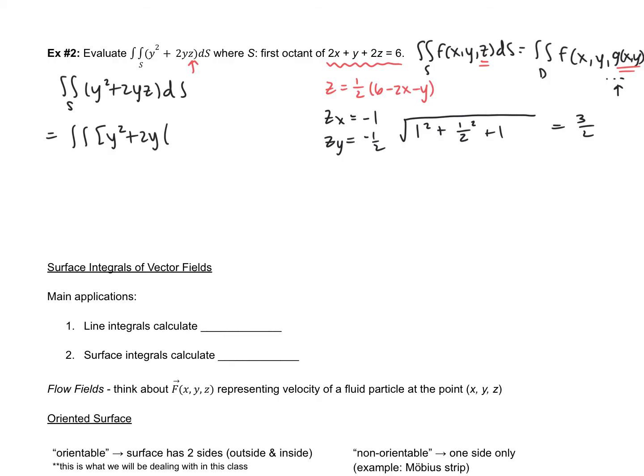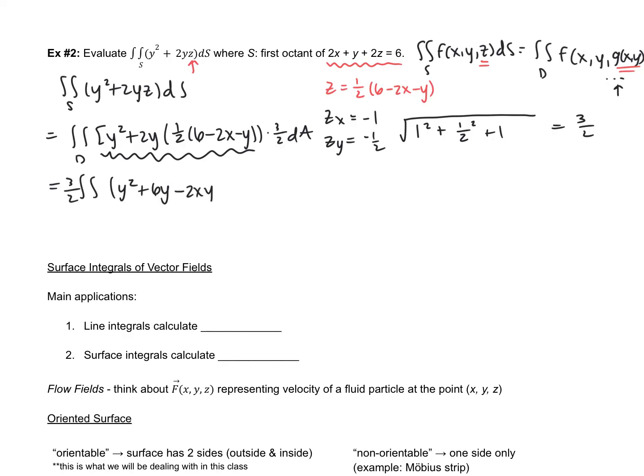Our z is going to be replaced with that 1/2 times 6 subtract 2x subtract y, multiplied by 3/2 dA over the region D. So if I simplify all of this, I can pull out that 3/2, and then I end up with y squared add 6y, subtract 2xy, subtract y squared.